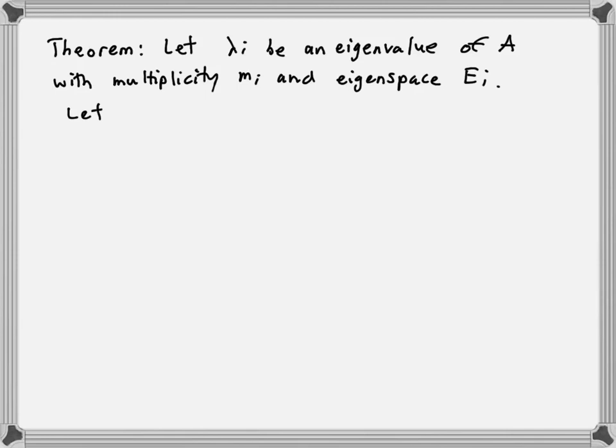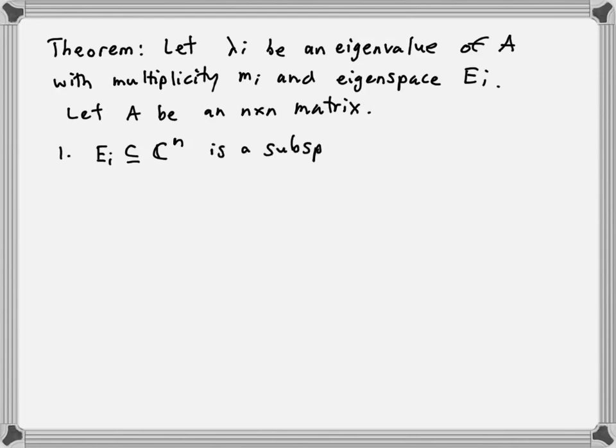And also let A be an n by n matrix. Okay, first thing, we already said this before, but I want to make this official as part of a theorem. E_i is a subspace of C^n. That's the first thing.